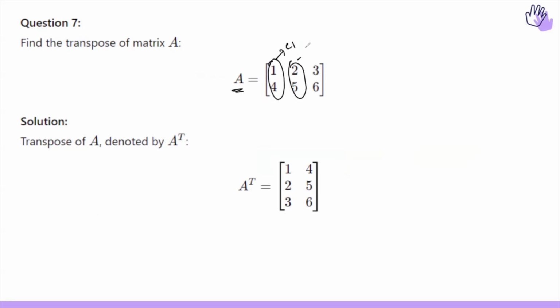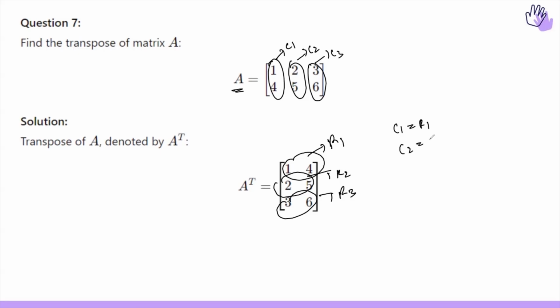This is column 1, this is column 2, this is column 3. So this will be interchanged to row 1, this is row 2. Your column 1 will become row 1, your column 2 will become row 2, your column 3 will become row 3. So this is in A, this is in A transpose, right? So that is what we have done. Your column 1 has been made as row 1, your column 2 has been made as row 2.